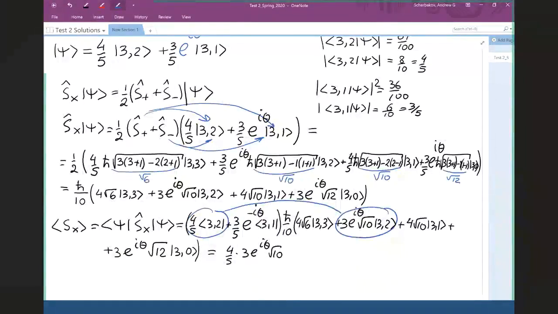I forgot h bar, of course; somewhere here this should be h bar, with 10, that's correct as well.